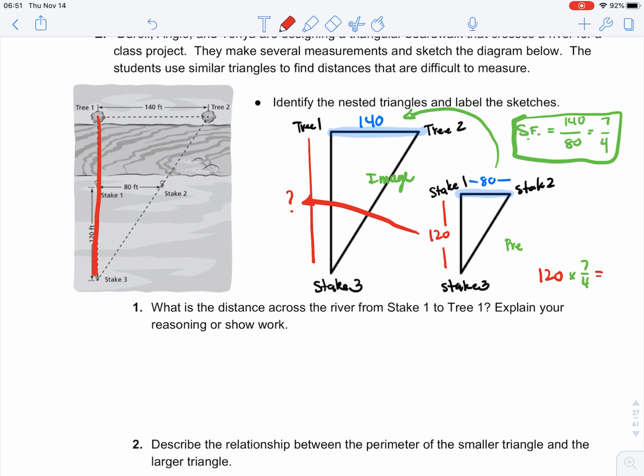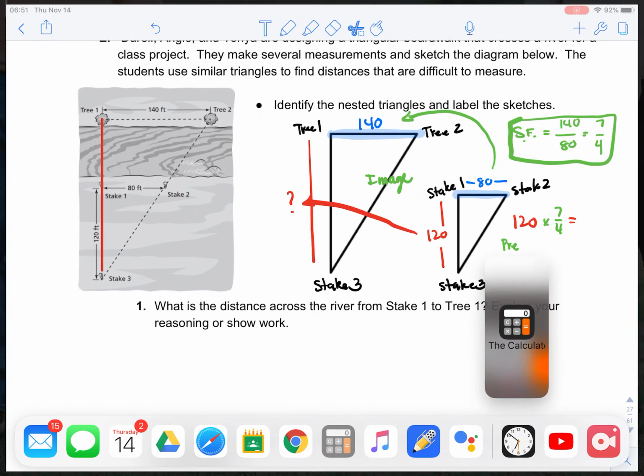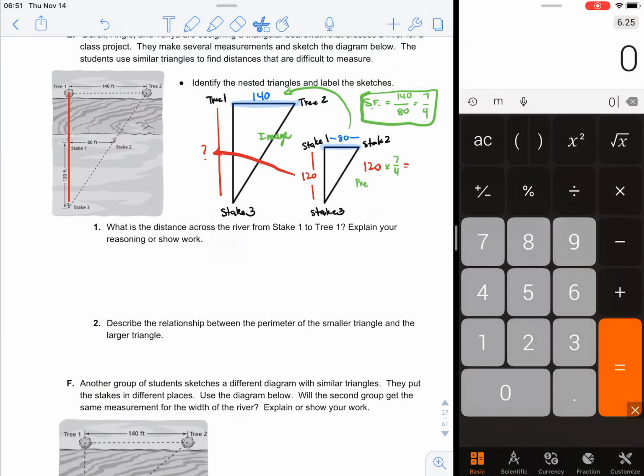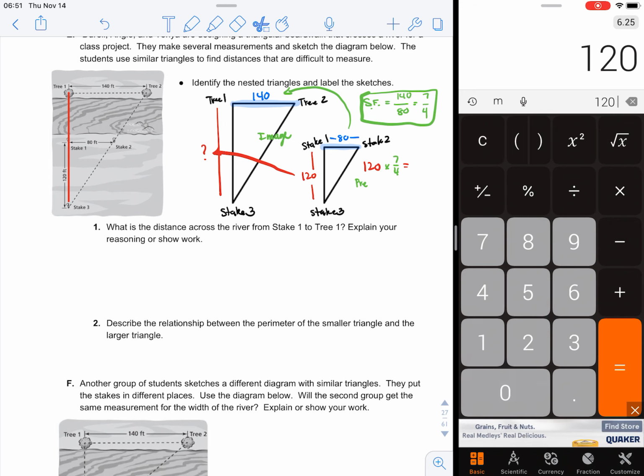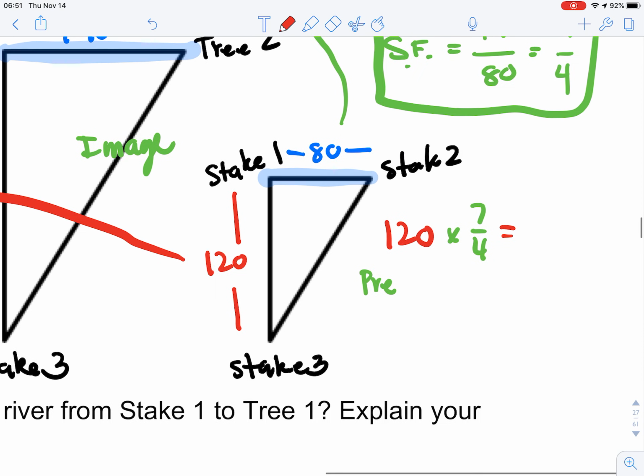Now keep in mind, that's the entire distance, okay? That's the entire distance. So I'm going to type this into the calculator. 120 times 7 divided by 4, we get 210. So this distance here is 210.